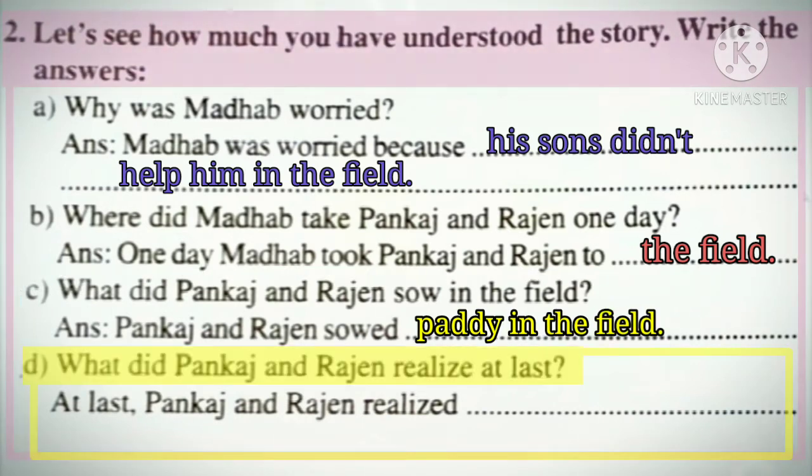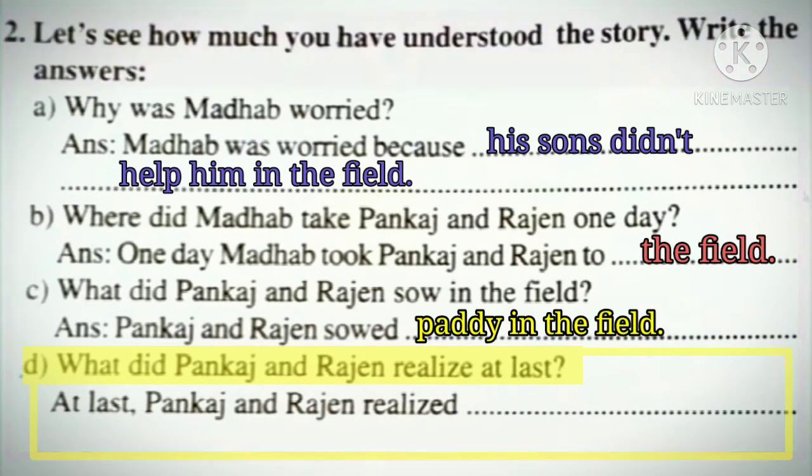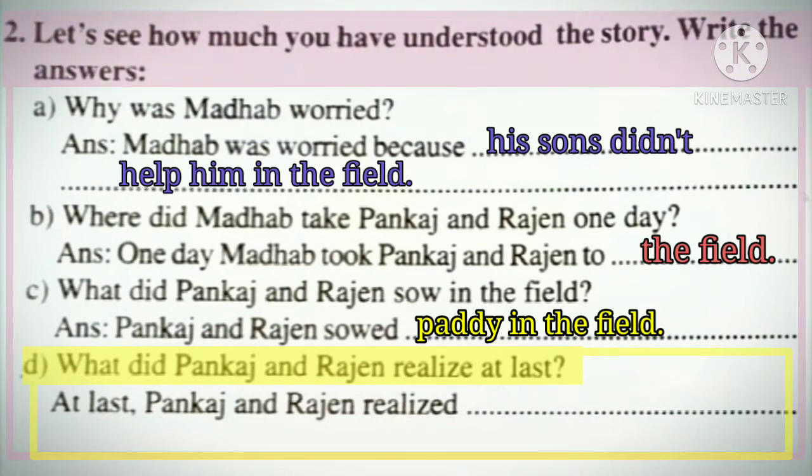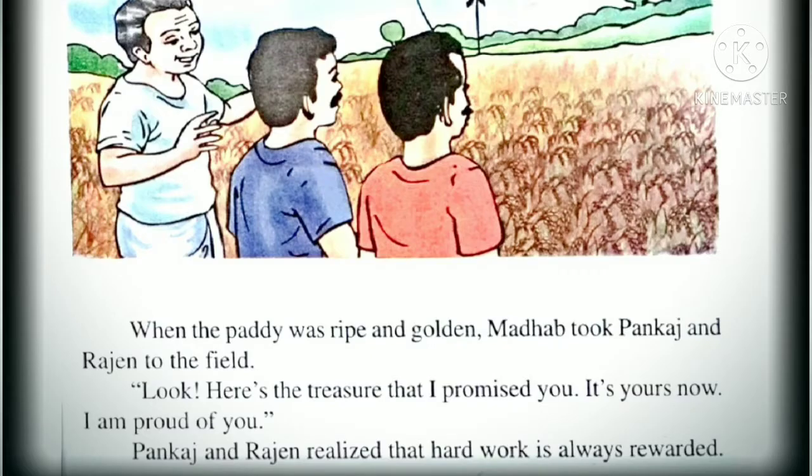The last question is, what did Pankaj and Rajan realize at last? Here also the answer is incomplete. It is given, at last Pankaj and Rajan realized blank. Students, look in the last line of the story. It is given, Pankaj and Rajan realized that hard work is always rewarded.